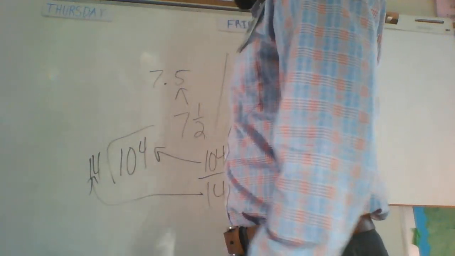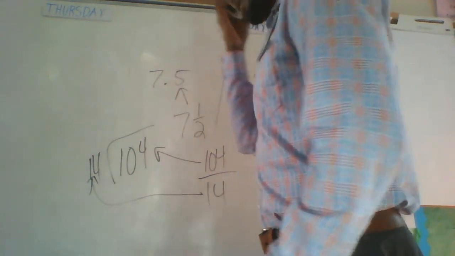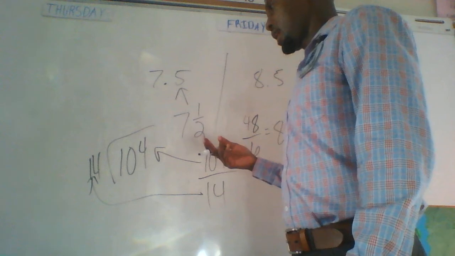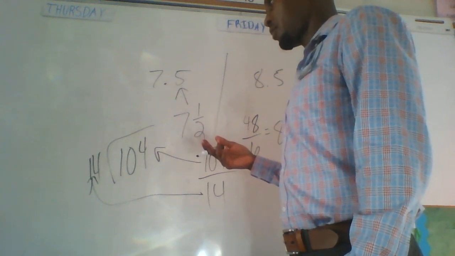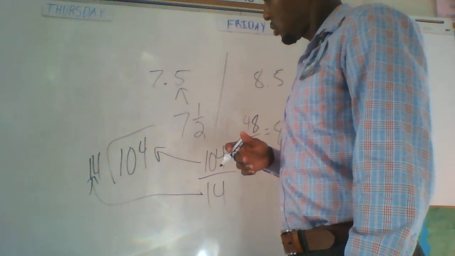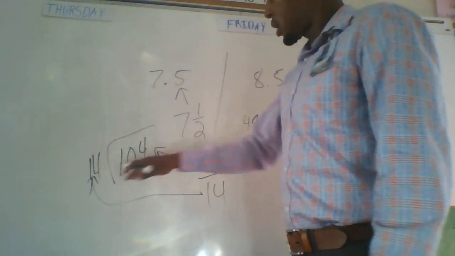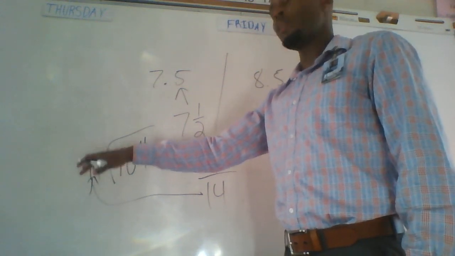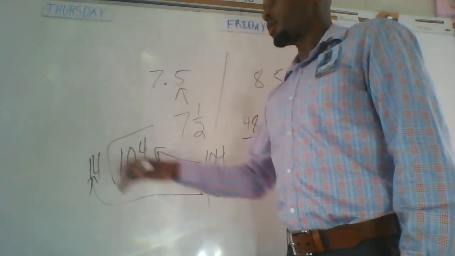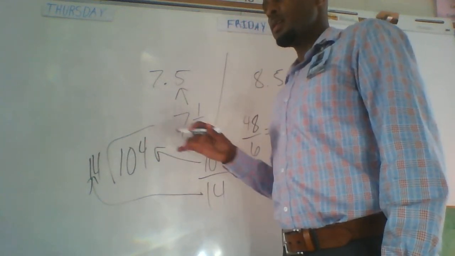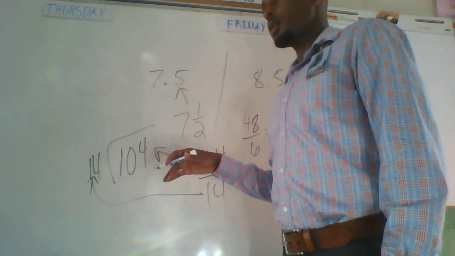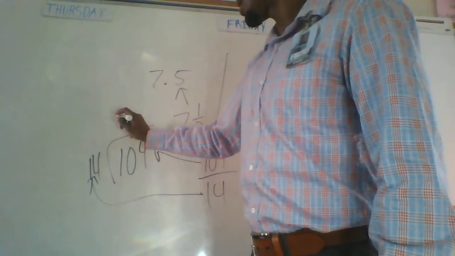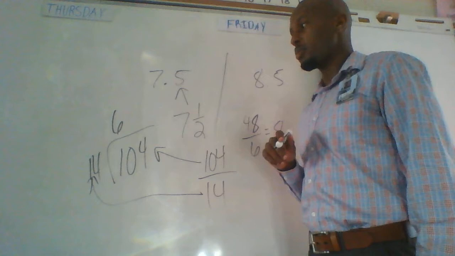14. Man, I don't know. 14 times, let's say 8. 10 times 8 is 80. 4 times 8, that's 32, I'm sorry. Okay, so 7. 7 times 10 is 70.